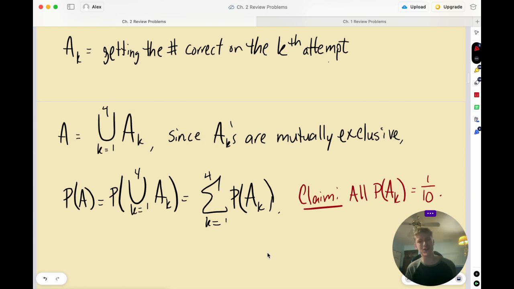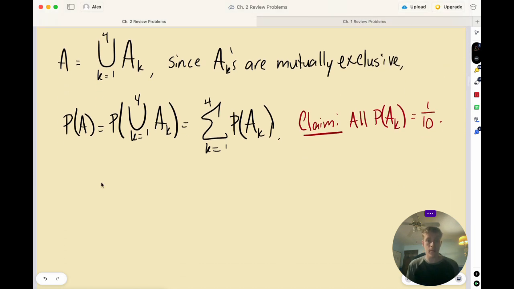That might be counterintuitive, right? Like, if we have new information, why is the probability the same? Okay. Well, let's see. What is the probability of A sub 1?